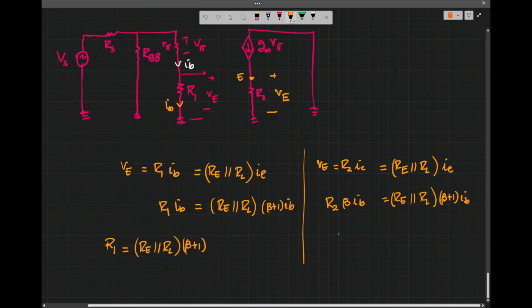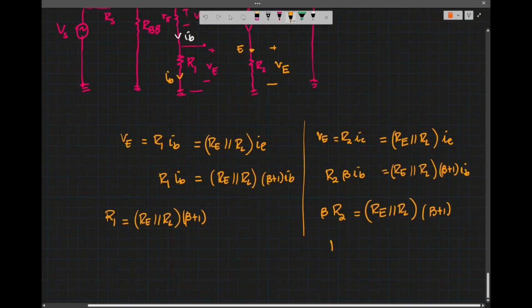So that means beta R2 equals RE parallel R load times beta plus 1.